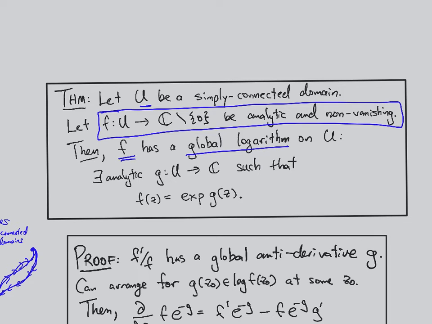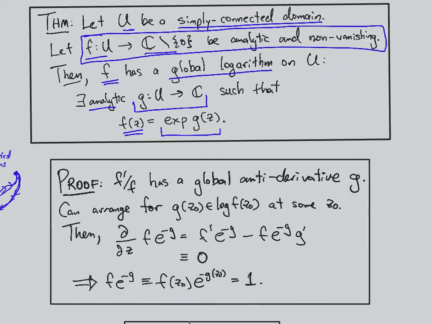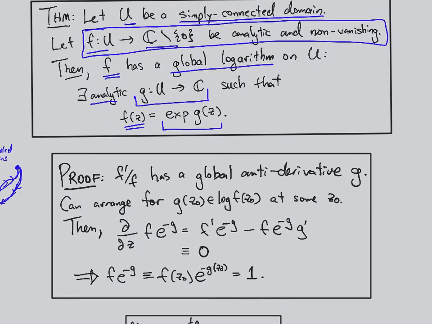That means if I have an analytic function f that is never 0 on a simply connected domain, then there exists an analytic function g such that f is the exponential of g. We can prove this by looking at the tricks that we used to define logarithms before.